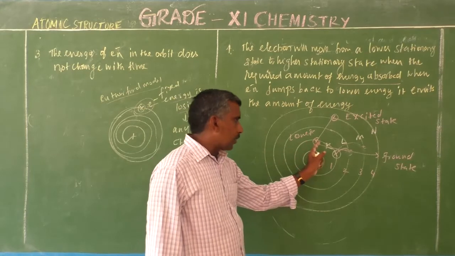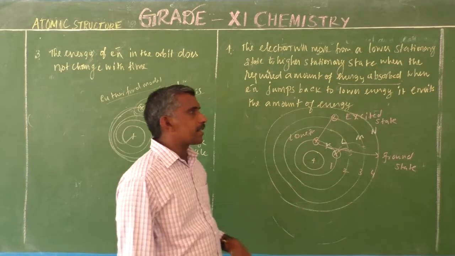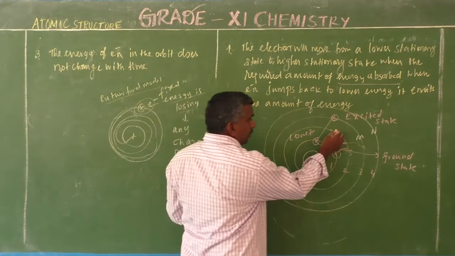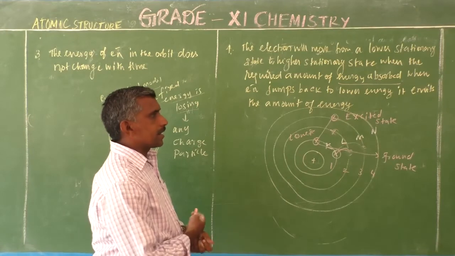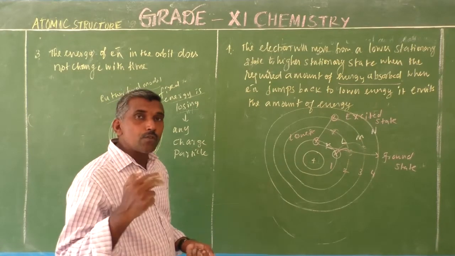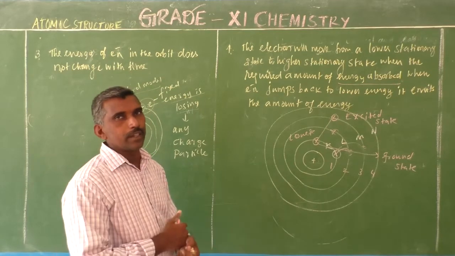Electrons jump from the ground state to an excited state, maybe to this state or that state.